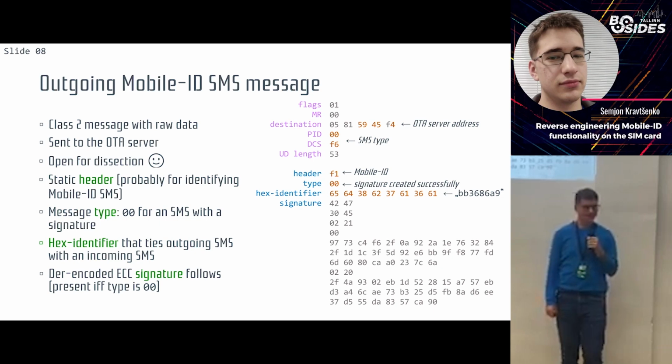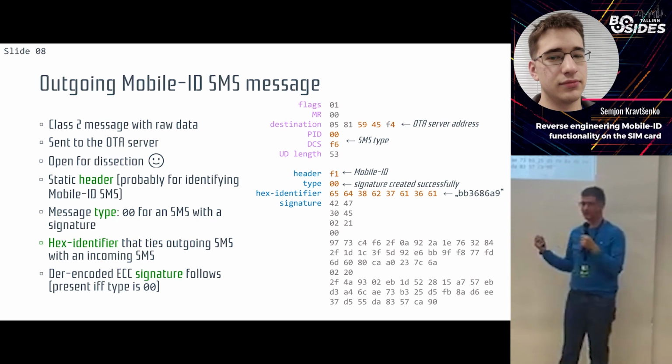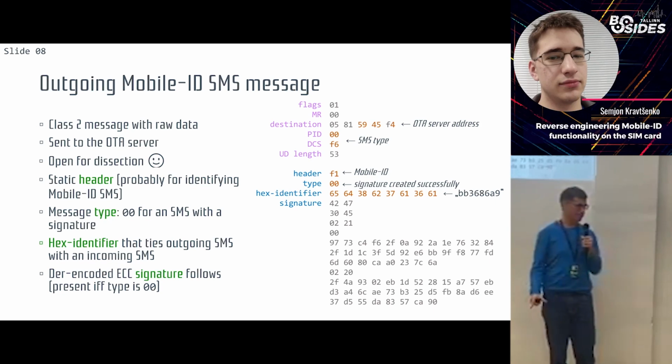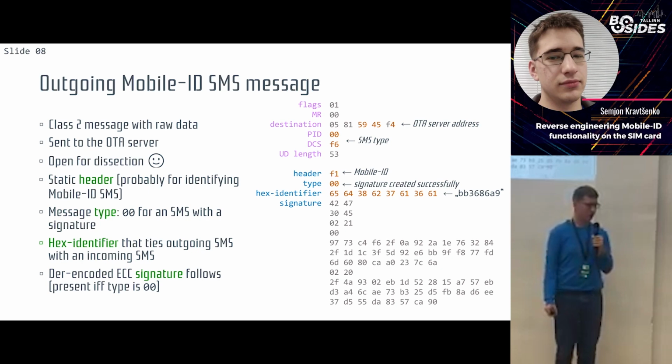Is there any way for them to be the man in the middle? It's not that bad. The signature is created inside the SIM card, and cryptographic protocols are used. So Elisa cannot just create a signature for you, because the keys are inside the SIM card and are supposed to never leave it.